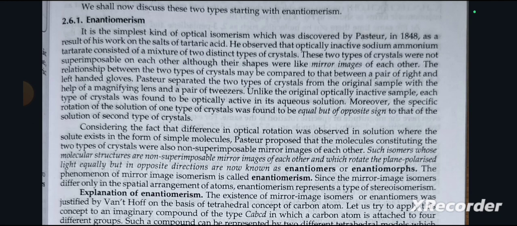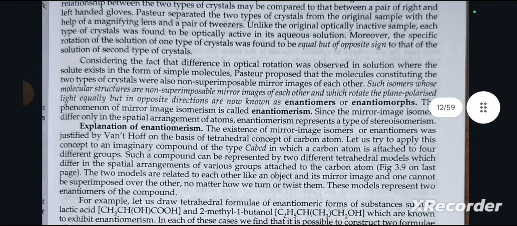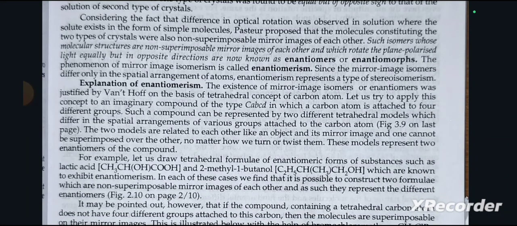Unlike the original optically inactive sample, each type of crystal was found to be optically active in its aqueous solution. Moreover, the specific rotation of the solution of one type of crystal was found to be equal but of opposite sign to that of the solution of the second type of crystals. Considering the fact that difference in optical rotation was observed in solution where the solute exists in the form of simple molecules, Pasteur proposed that the molecules constituting the two types of crystal were also non-superimposable mirror images of each other.